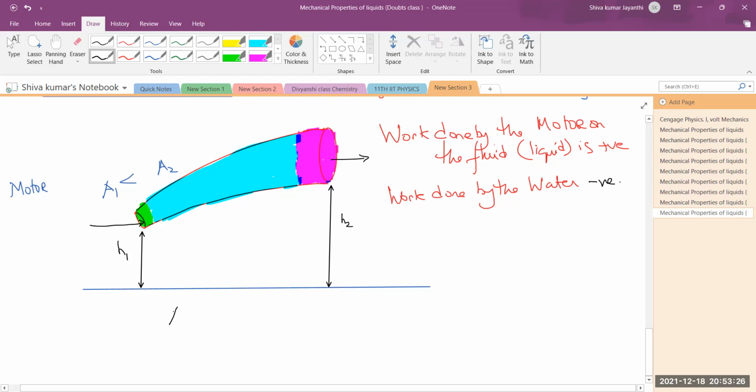We are now going to apply the work energy theorem. What is the work energy theorem?